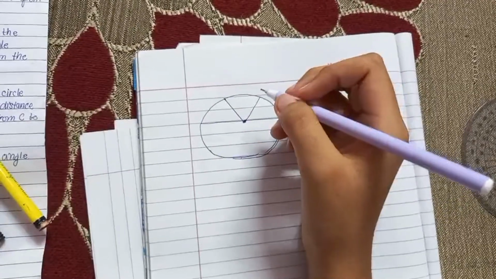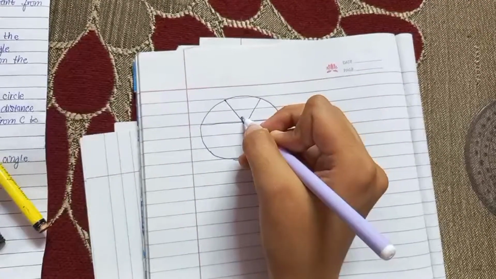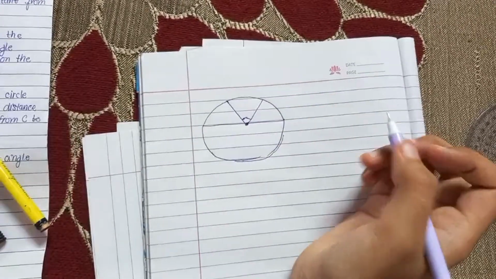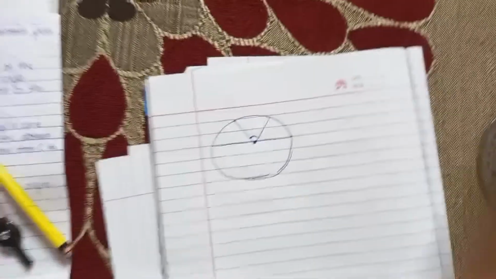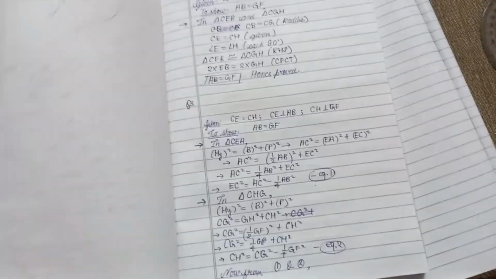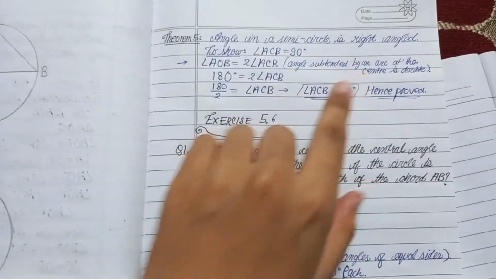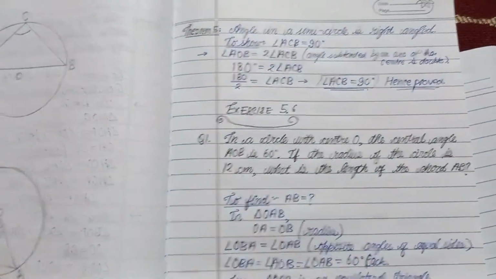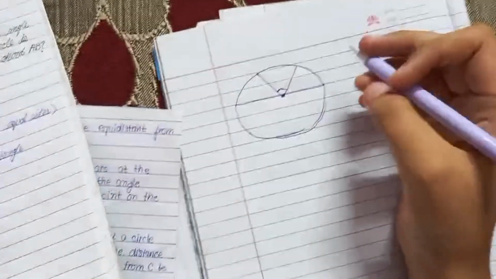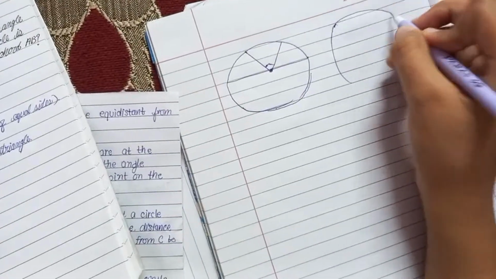It means that this angle should be a right angle. Now how to prove it? Angle in a semicircle is a right angle. To show that angle ACB is equal to 90 degrees, either you draw this or there is another diagram which you can draw.